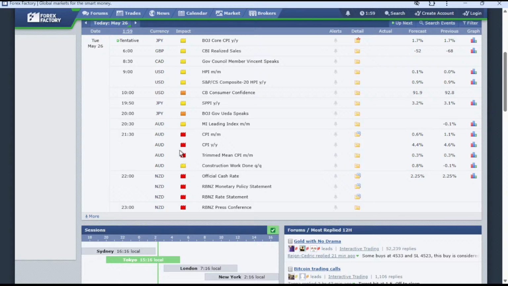There's something that I'm learning, that you see this CPI. So this means during Australia, if you want to trade the AUDUSD, these are your markets, at these specific times.